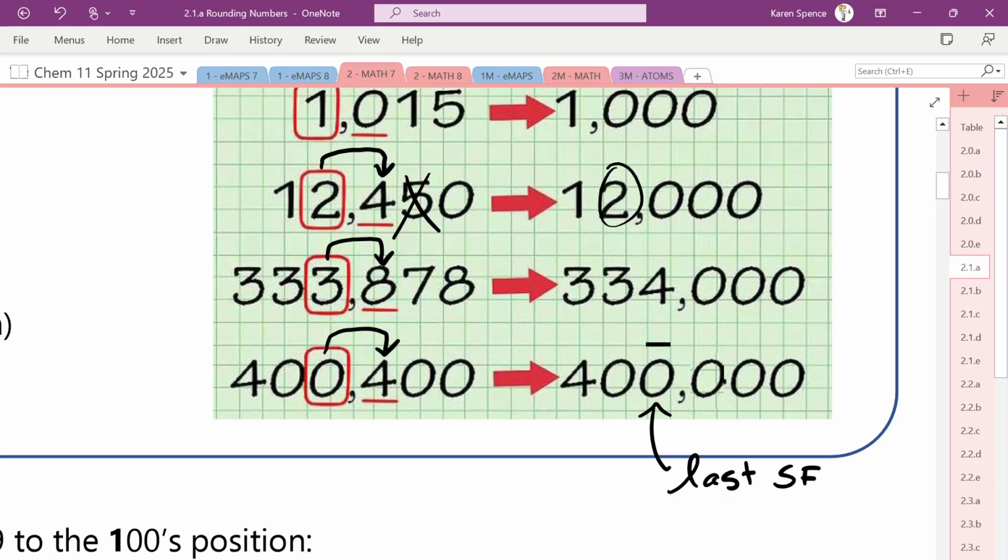Okay, that is our last sig fig. So either you put the overbar on it, or how else could you write that number to indicate that it has 3 sig figs? You could write it as 4.00 times 10 to the 5. Okay, which would give you 3 sig figs, because this has 3 sig figs.